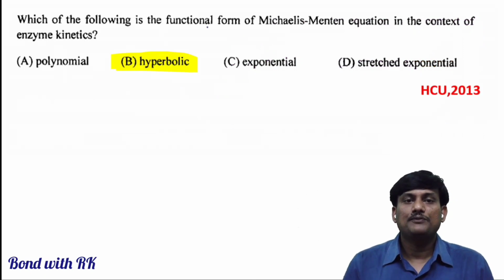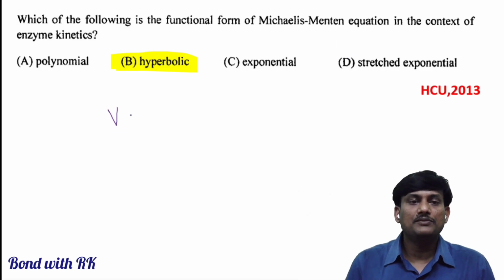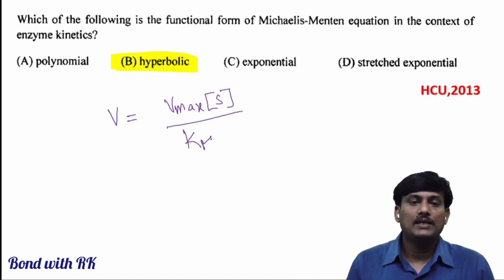Which of the following is the functional form of the Michaelis-Menten equation in the context of enzyme kinetics? We know the Michaelis-Menten equation: rate V is equal to V max times the concentration of substrate, divided by Km, the Michaelis-Menten constant, plus the concentration of substrate.